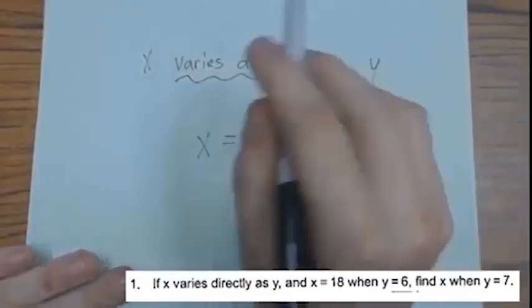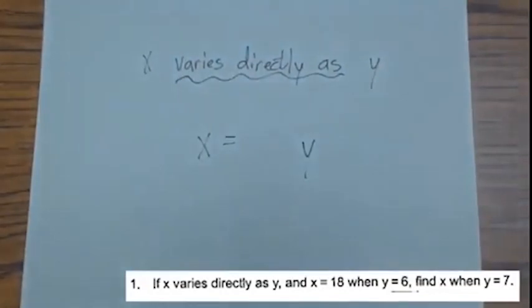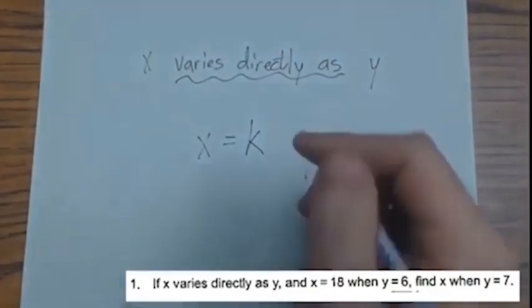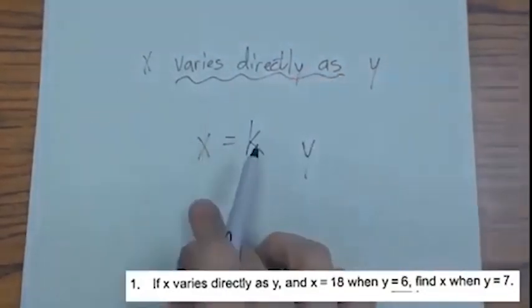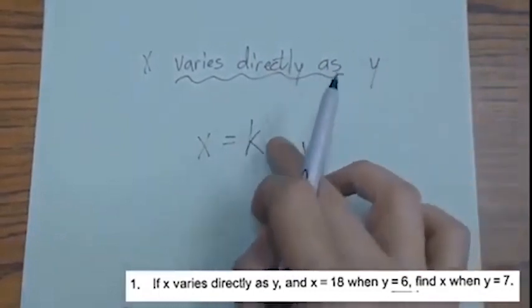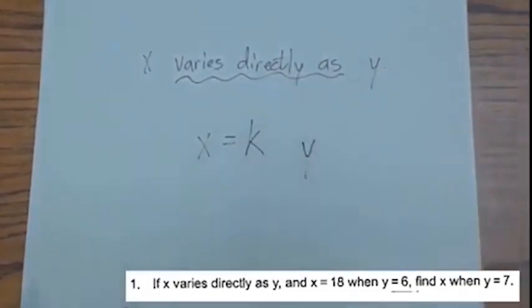When we see a variation statement, we need to have something about our constant of proportionality k. So it's not just equals, it's equals k. X varies directly as y equals k, and for direct, we multiply y.